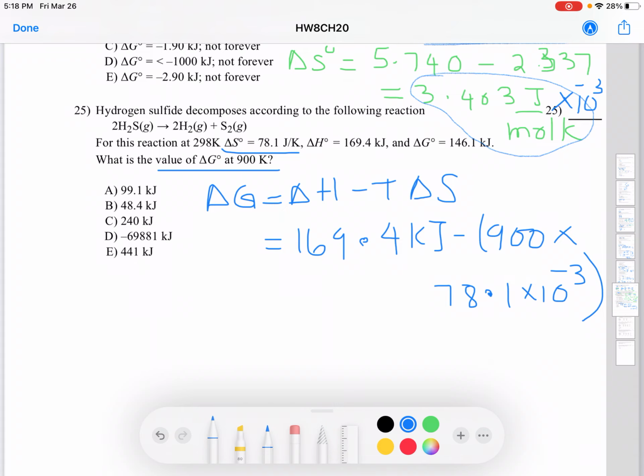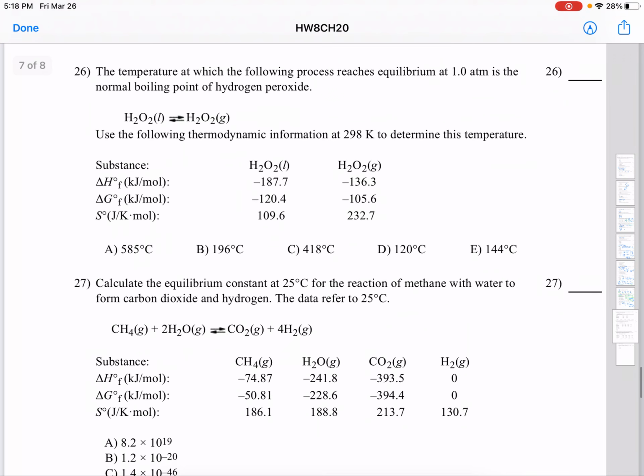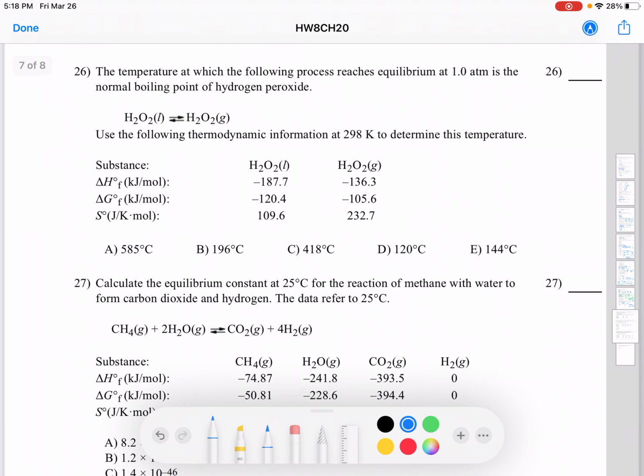And number 26. The temperature at which the following process reaches equilibrium at 1 atm is the normal boiling point of hydrogen peroxide. Use the following thermodynamic information to determine this temperature. So we're going to find out when the liquid becomes gas.